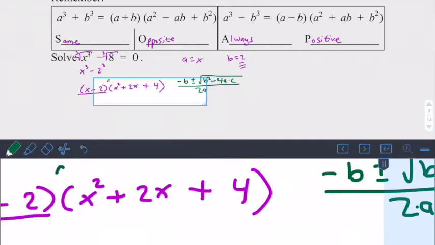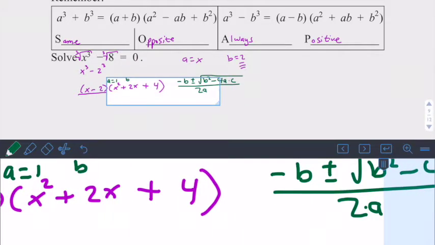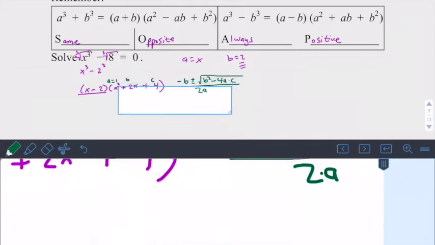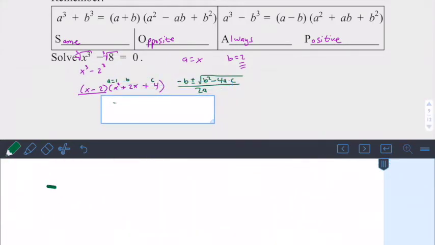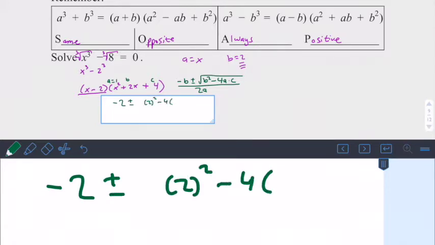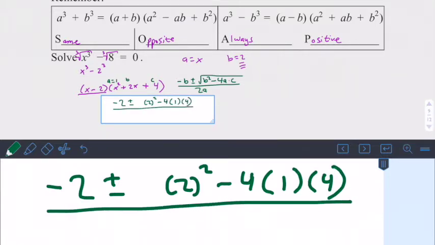Well, my a equals 1. My b equals 2, my c equals 4, and now I plug it in. So negative 2 plus or minus 2 squared minus 4 times 1 times 4, all over 2 times 1.